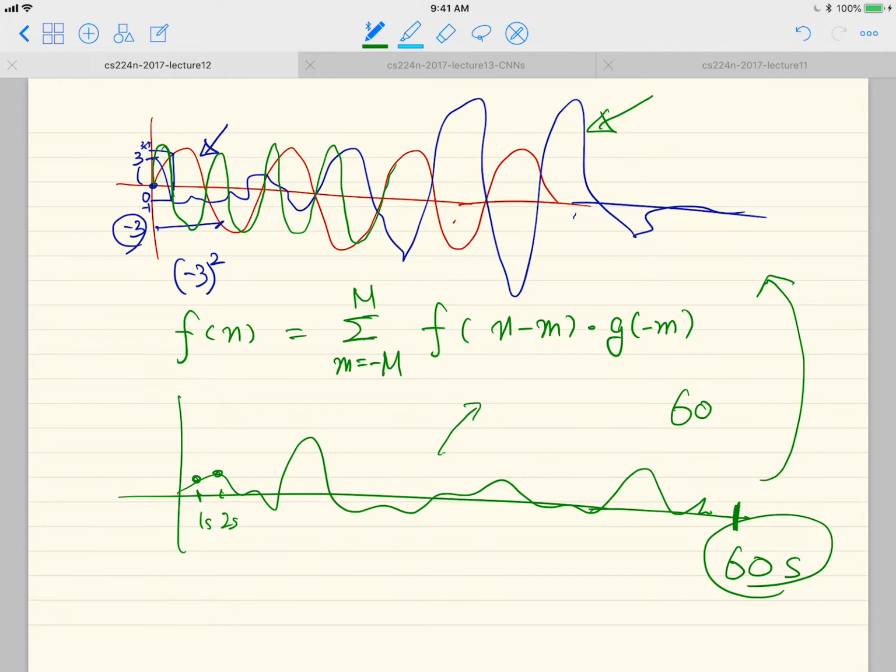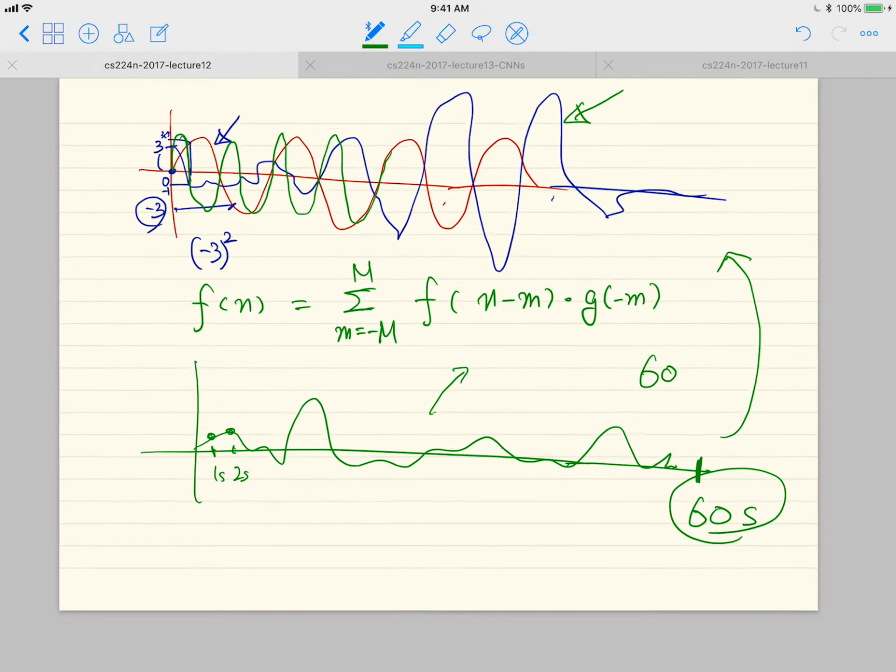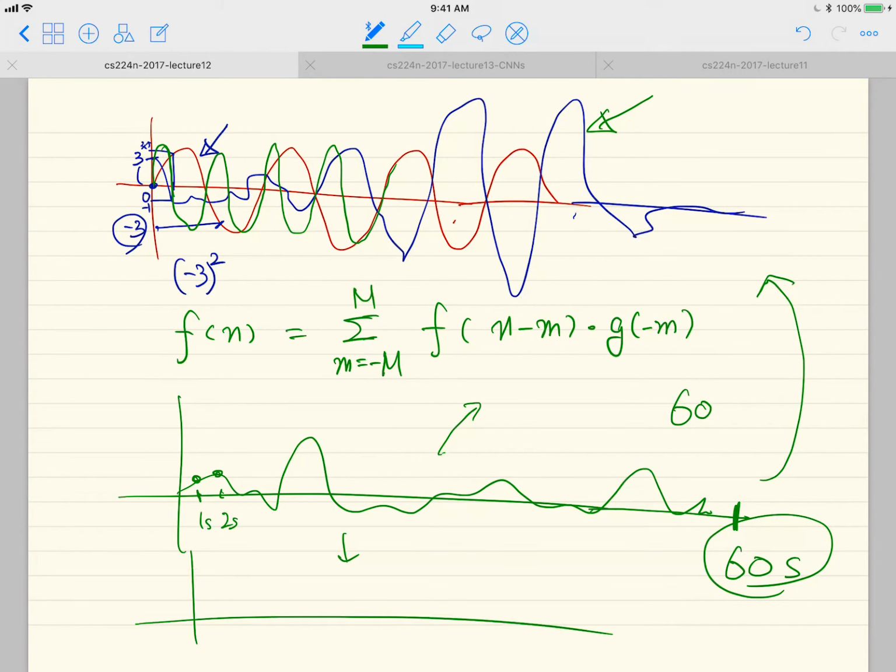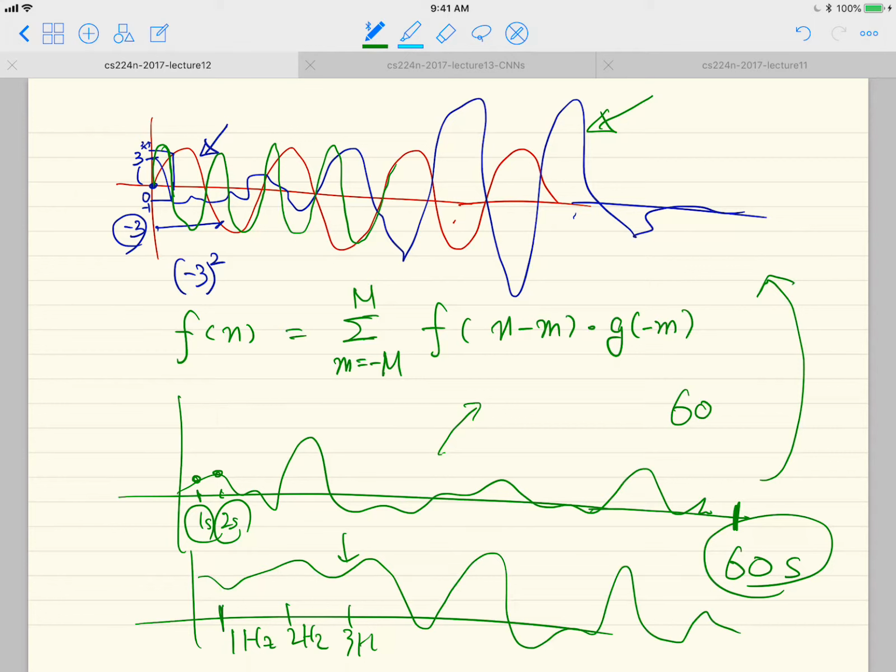From that frequency domain signal, we can also easily obtain the inverse mapping, given a particular frequency domain signal. For example, it is 1 hertz, 2 hertz, 3 hertz, and so on, and it can also be viewed as a 60-dimensional signal along the frequency domain.